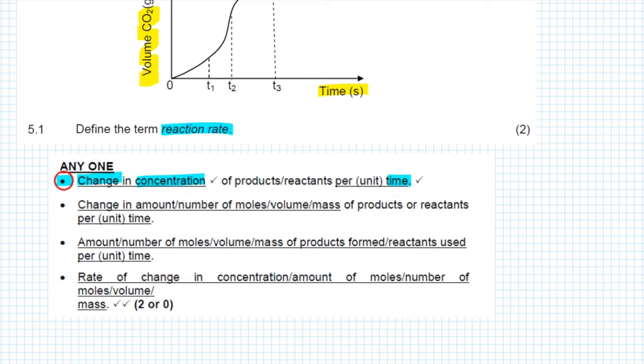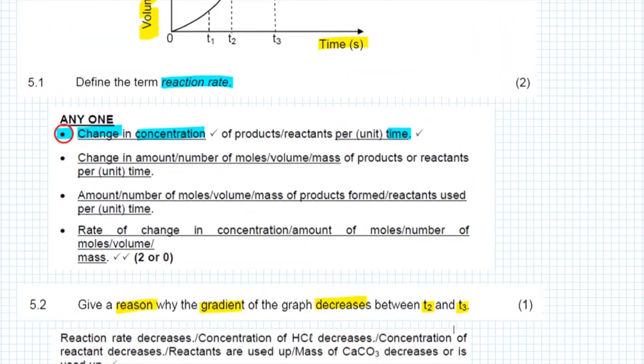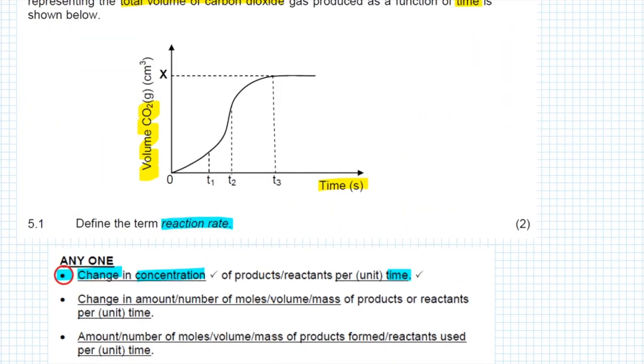Question 5.2 says, give a reason why the gradient of the graph decreases between time 2 and time 3. If we go up to the graph, we can clearly see that at first the gradient is very steep, and then it becomes even steeper.